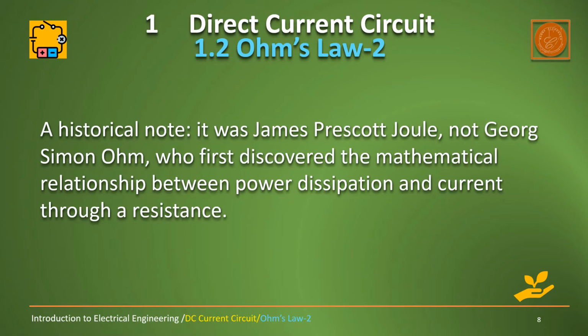A historical note. It was James Prescott Joule, not George Simon Ohm, who first discovered the mathematical relationship between power dissipation and current through a resistor.